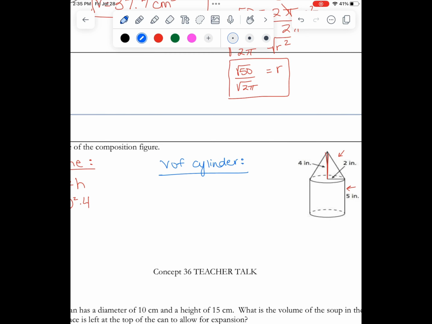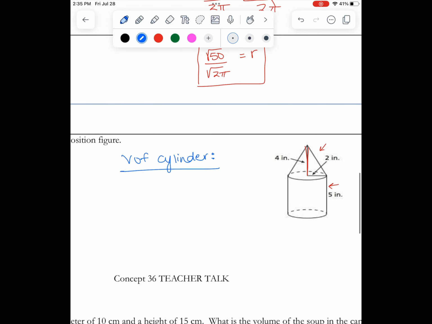Now, if we go over to volume of a cylinder, our formula for volume of a cylinder, if you recall, is pi r squared, because that is my shape of my base, so I need to find the area of that base, times h.